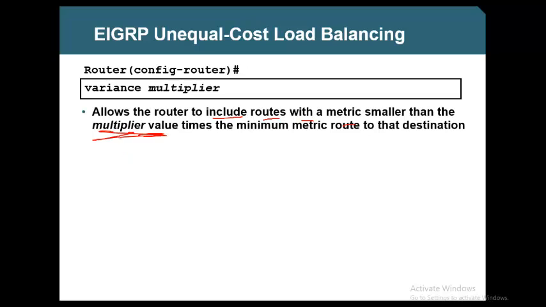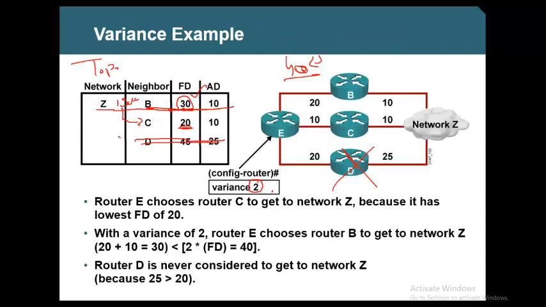So you are telling the algorithm to consider the paths whose metric is less than 40.